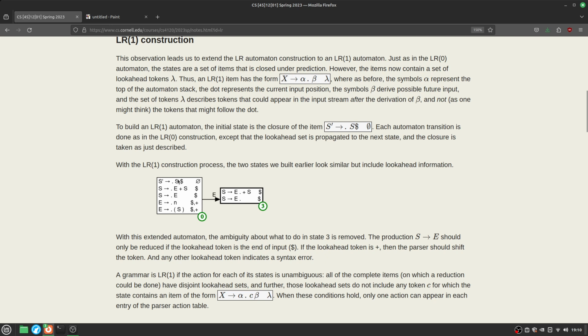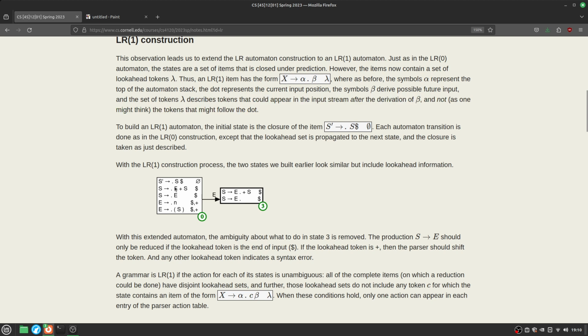Then we predict S, and that becomes E plus S, with the end of input symbol being the look-ahead, because lambda describes tokens that could appear in the input stream after the derivation of beta, and not, as one might think, the tokens that might follow the dot.